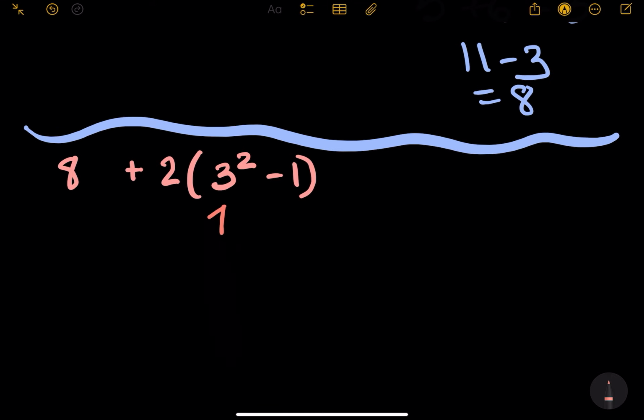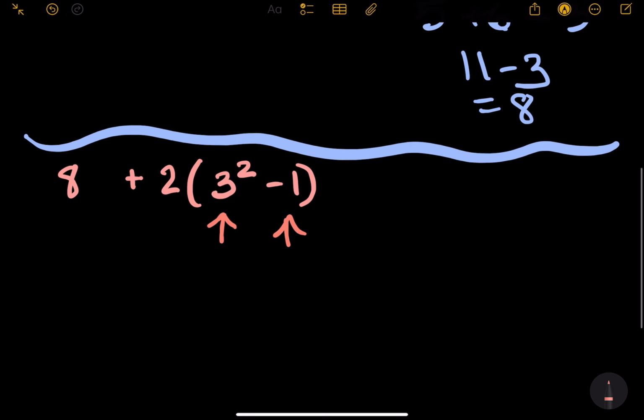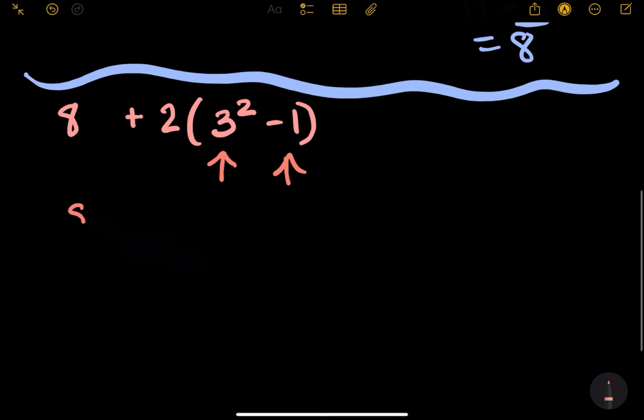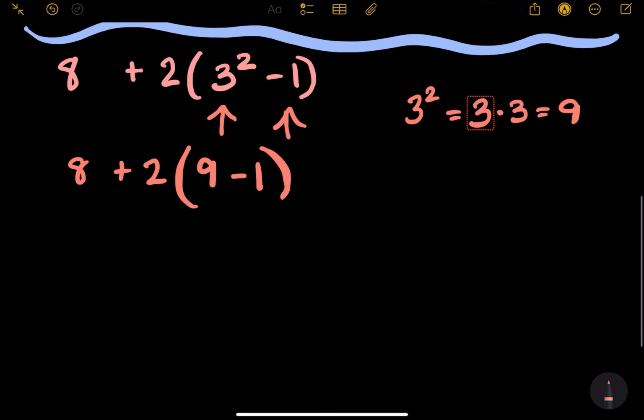I see a 3 squared and a minus 1. Then we have exponents. 3 squared is 3 times 3, which gives us 9. So 9 minus 1.